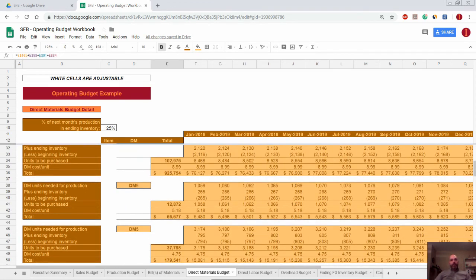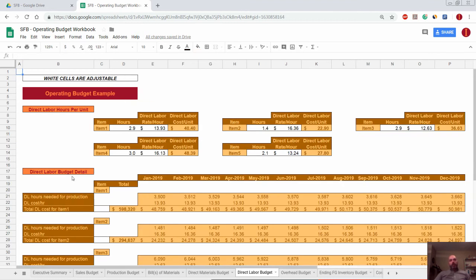So materials are just one piece of the pie for manufacturing. The other pieces are direct labor and overhead. So we will make separate budgets for each of those.